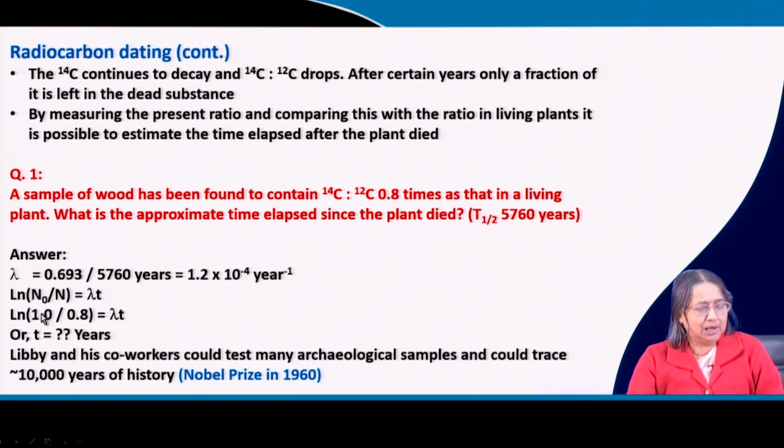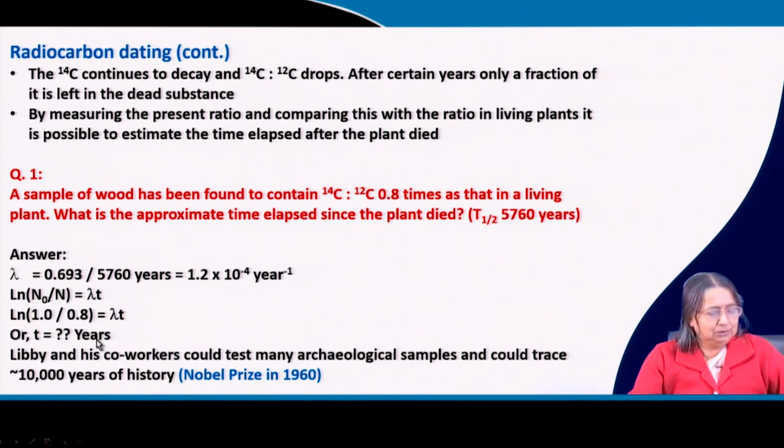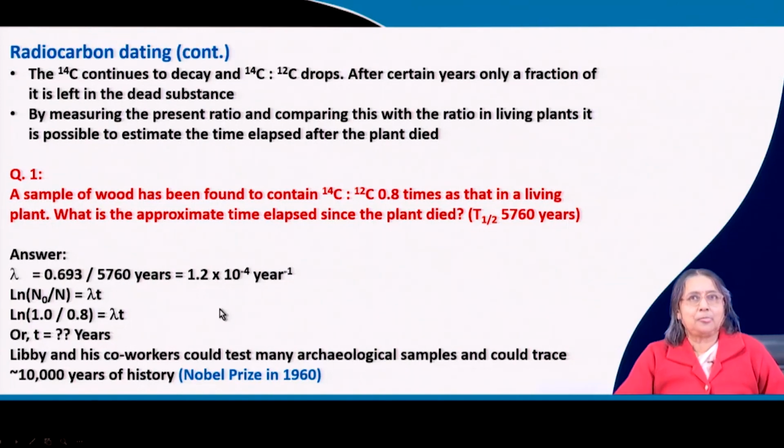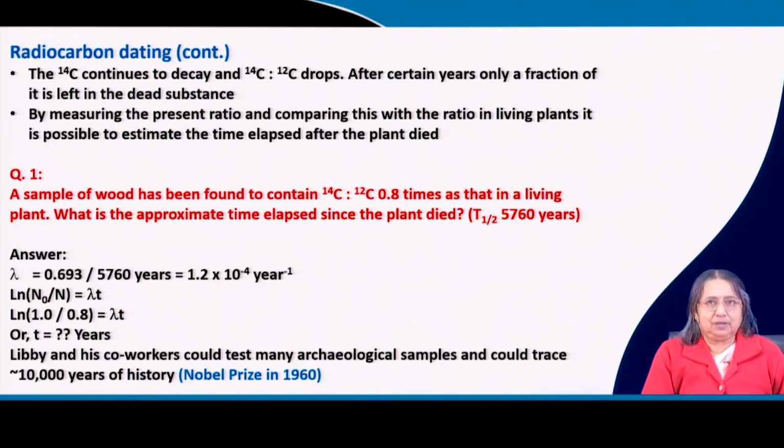So ln of 1 by 0.8 is equal to lambda t. So how much is the t? This many years. So by doing a simple experiment you can find out the age of the wood.